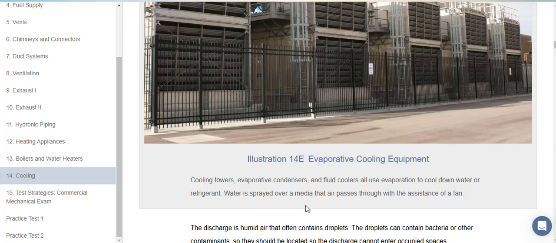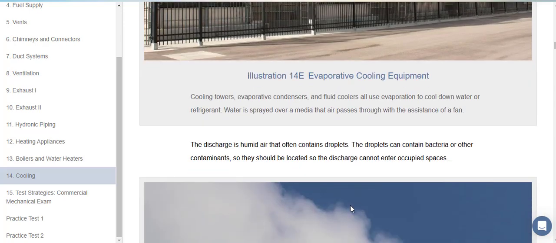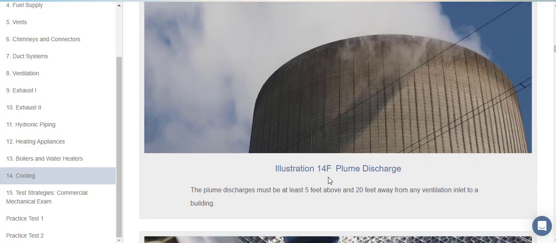Water is sprayed over a media that air passes through with the assistance of a fan. The discharge is humid air that often contains droplets. The droplets can contain bacteria or other contaminants, so the equipment should be located so the discharge cannot enter the occupied space.